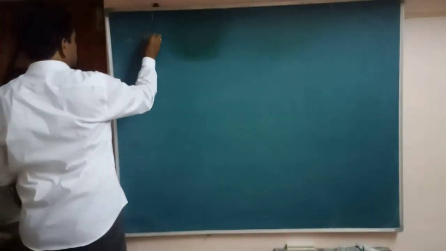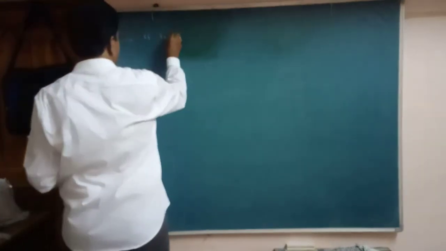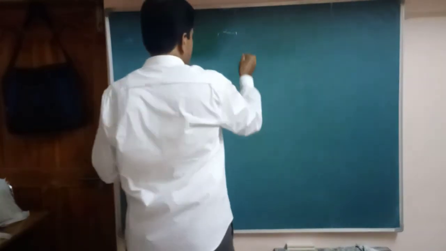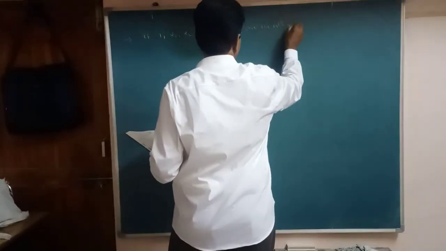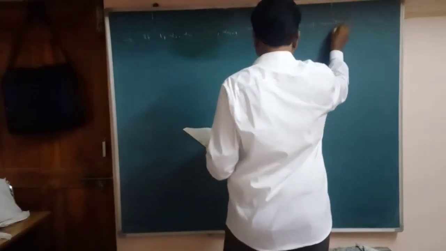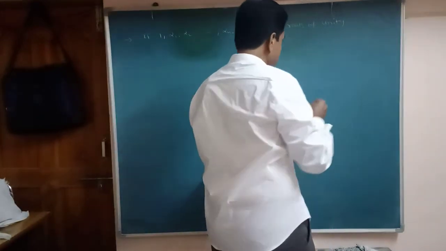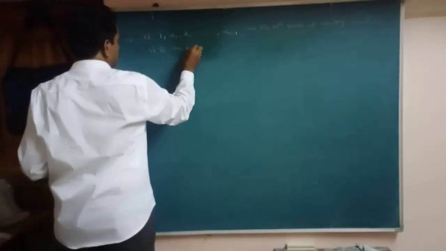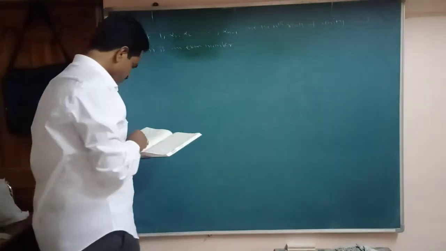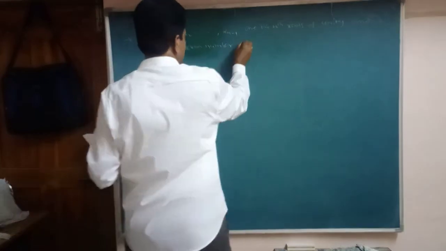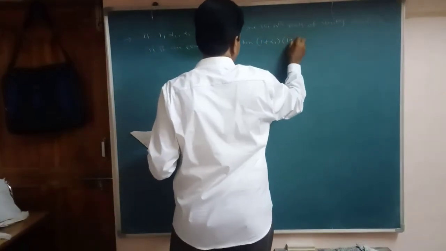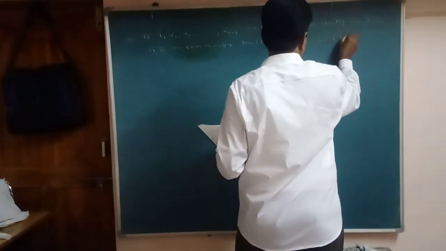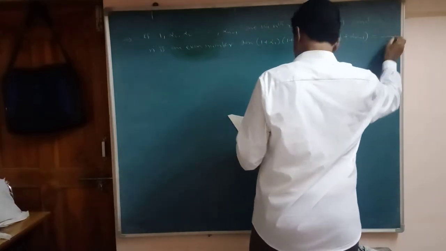Next one. If 1, alpha 1, alpha 2, and so on, alpha n minus 1 are the nth roots of unity, and n is an even number, then 1 plus alpha 1 into 1 plus alpha 2 into so on 1 plus alpha n minus 1 is equal to dash.